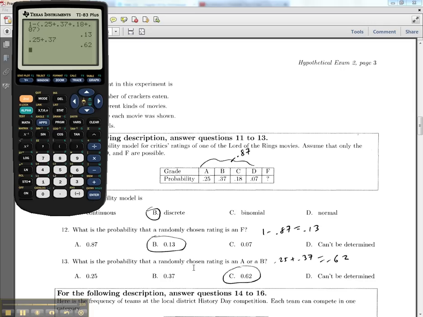So again, this is the addition rule, but because all of these different grades are disjoint, you don't have to subtract anything.